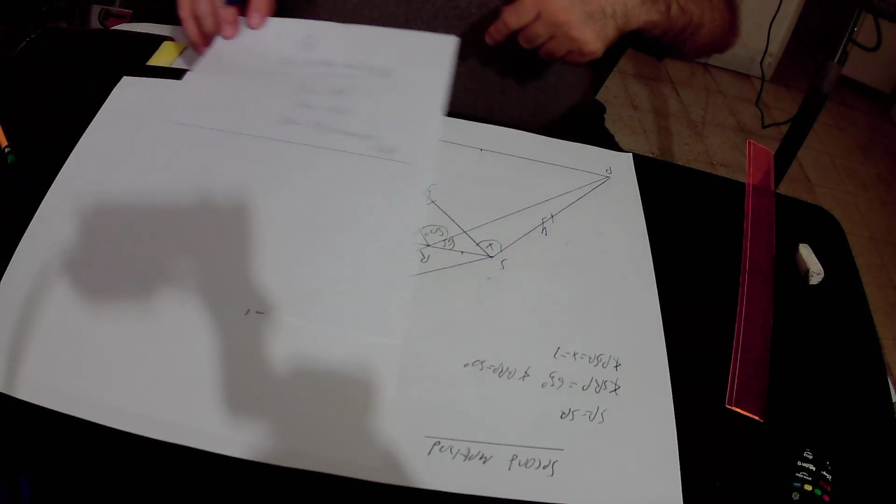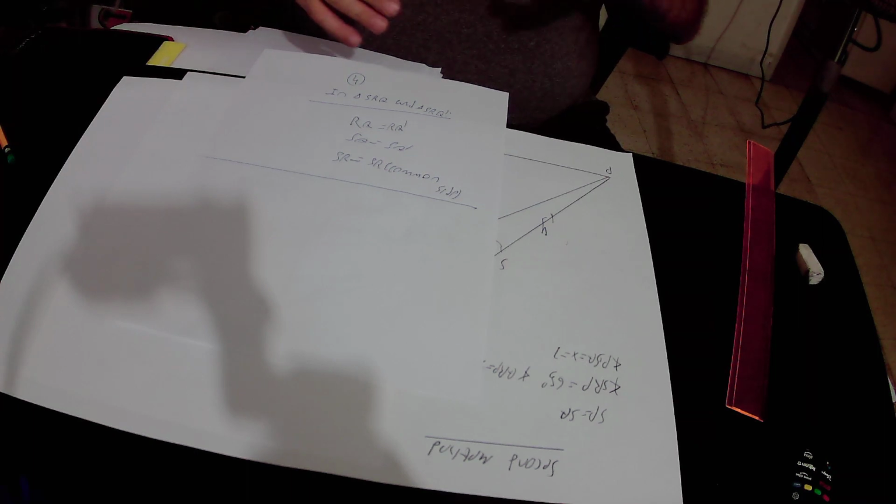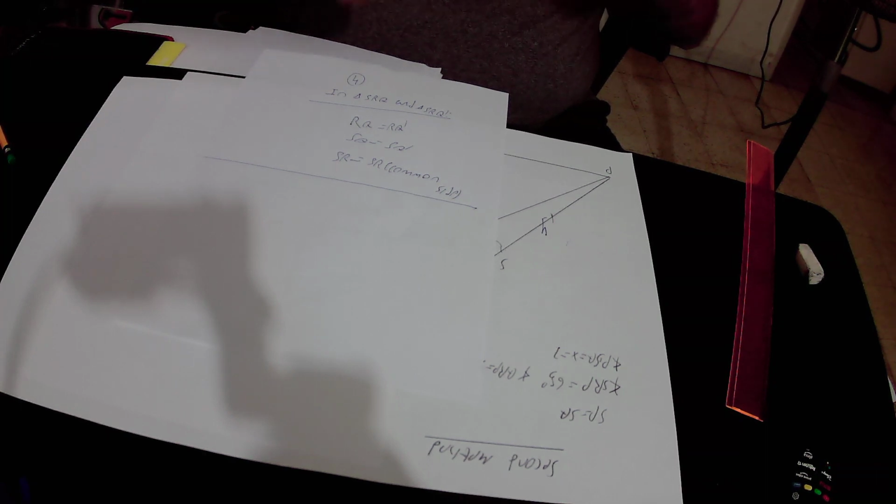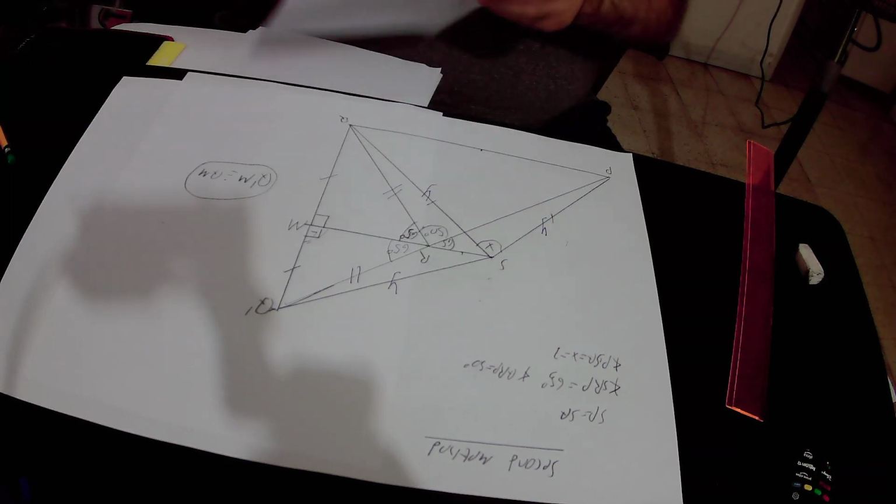Therefore, we actually proved that triangle SRQ is congruent to triangle SRQ dash according to side rule. So I write it down.